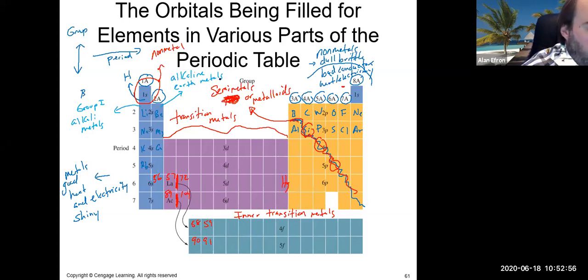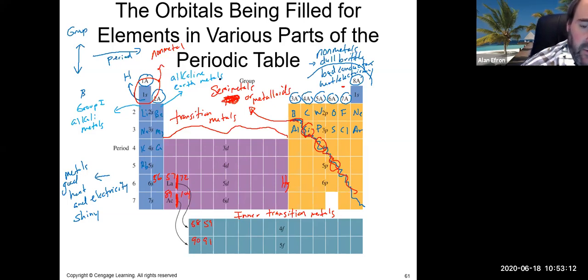Alkali and alkaline really mean basic. So that's where we find a lot of bases come from. So things like sodium hydroxide, potassium hydroxide, calcium hydroxide, magnesium hydroxide. Those are where a lot of bases come from.